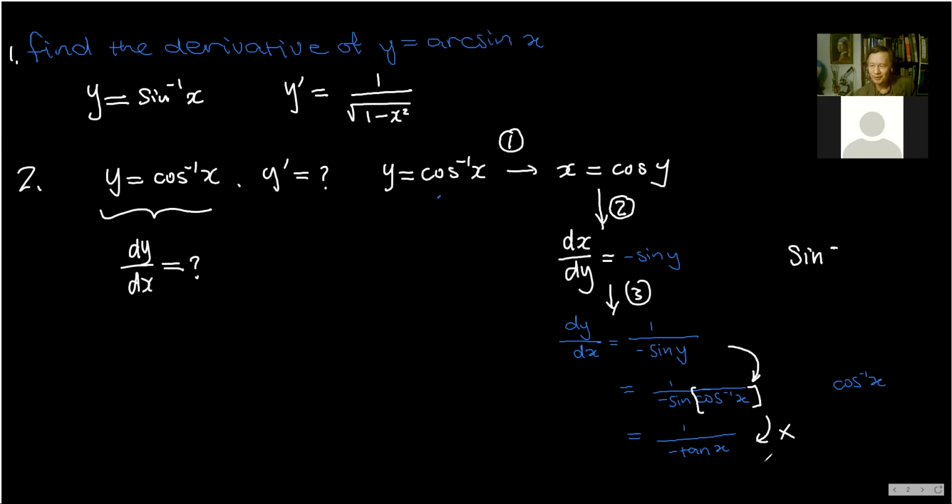You have to invoke the Pythagoras theorem. You have used sine. If you just talk about y, sine squared y plus cosine squared y equals unity. How can we use this formula to help you? Not sine.